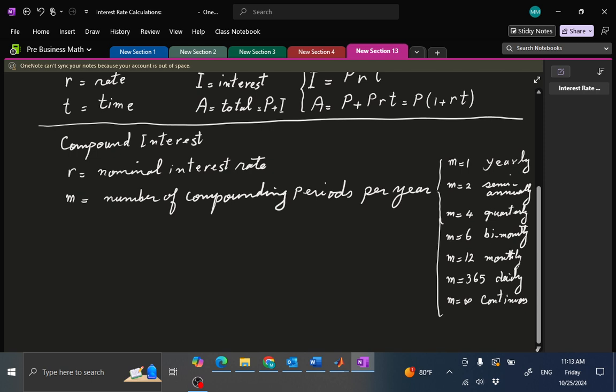Let me start with some specific numbers, and maybe that helps us understand what's going on. So suppose again we have a principal of $10,000. Say you want to put that much money into a bank account. The nominal interest rate, let's take a round number that we can play with easily.